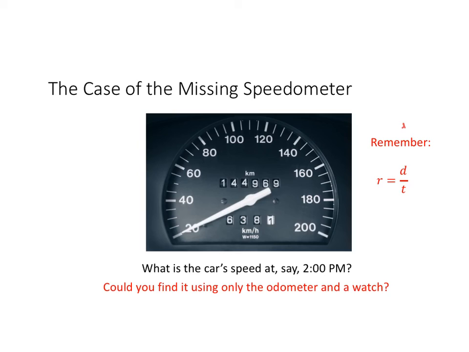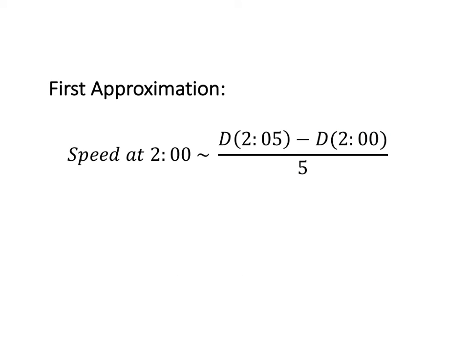Now remember from physics, distance equals rate times time, or another way of looking at it, rate is equal to distance divided by time. Or instead of calling it rate, you could say speed is equal to distance traveled divided by the elapsed time. So let's look at an approximation of how we could calculate this.